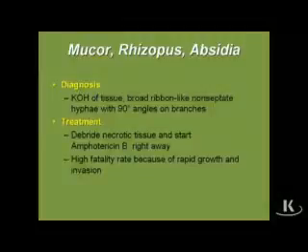All right, diagnosis goes back to what the hyphae look like, 90-degree angles, ribbon-like hyphae, so no septal divisions. How are we going to treat it? We're going to use amphotericin B as soon as we can. We're going to debride the tissue, but most of the time patients don't survive infections with mucor.